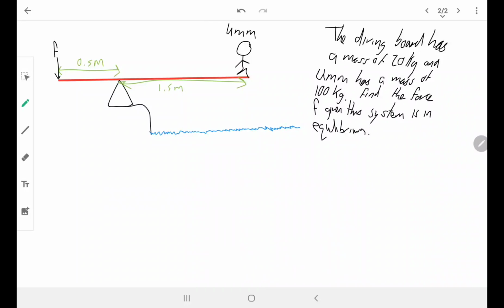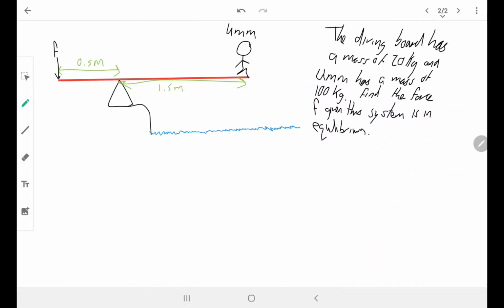And this is a pivot, and this diving board is being balanced by a force downwards, force F, to counteract the mass of him and the mass of the diving board. Or in reality, not mass, but more like the weight.